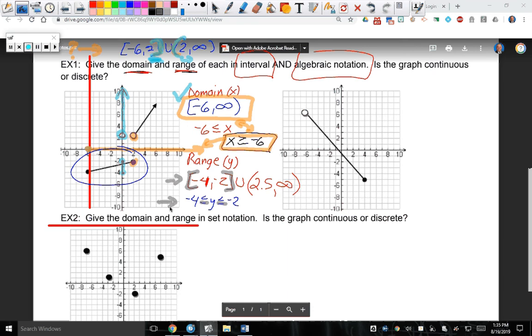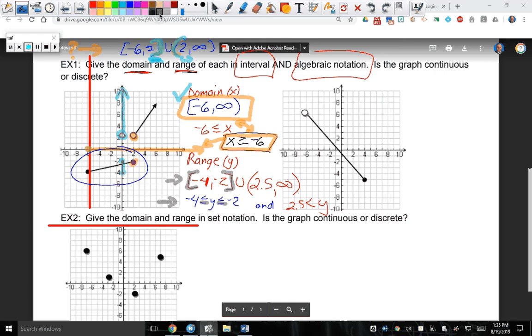And for this union, let's just put the word and. And now let's put from 2.5 and up. So, Aaron, how would I write this interval? 2.5 is less than or equal to y. Okay, so it's just going to be less than y.